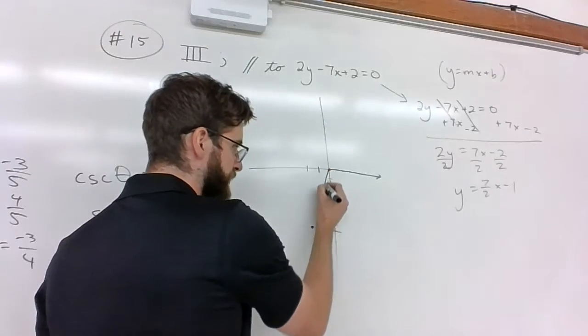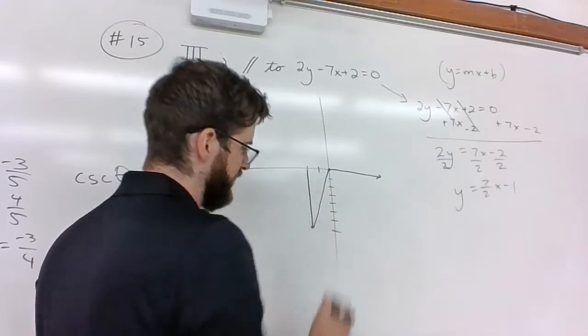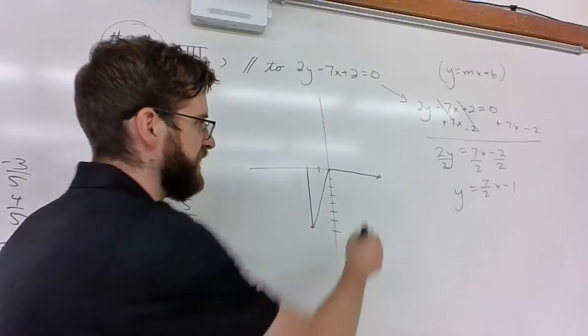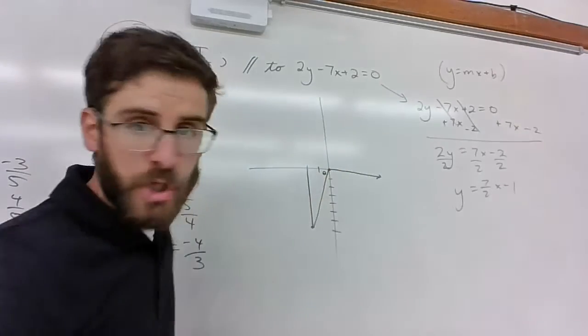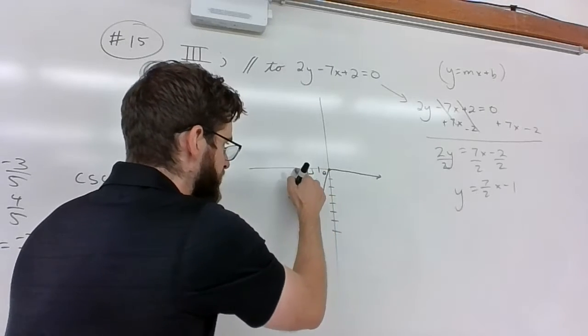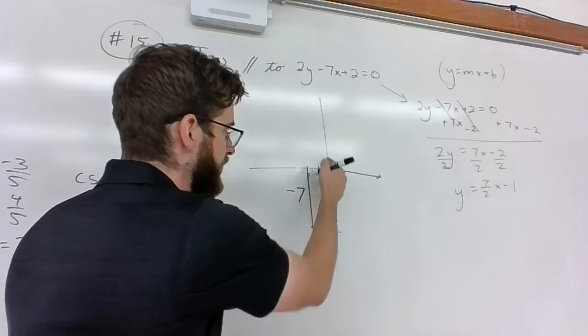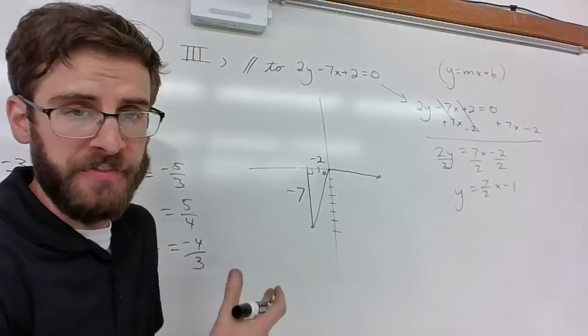I could use a ruler to make that nice and straight, but I didn't. There we go. This is sort of how it travels, but this is the theta that we're talking about. So you had to go down 7 and left 2 to make this situation happen. Those are both negative directions.